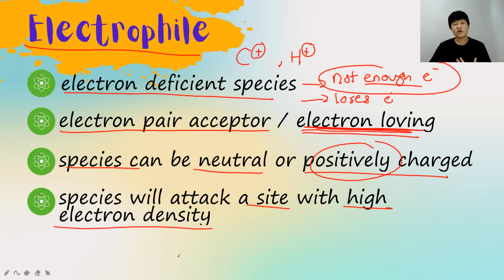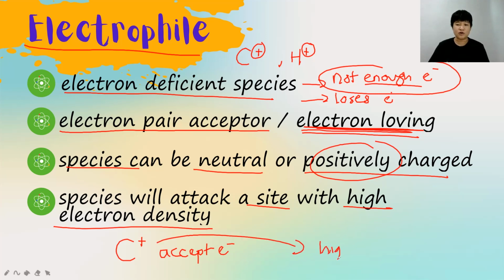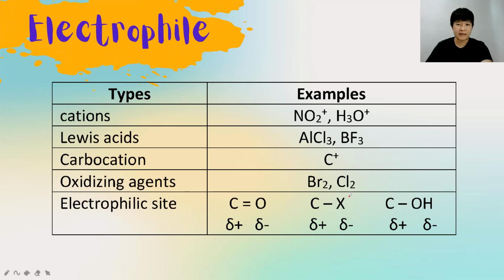If I'm not accepting electron, I will go and attack the high electron density area because I don't have enough electron. So the positive charge will always be attracted to the negative, a very simple concept: positive is always attracted to negative, and negative is always attracted to positive.